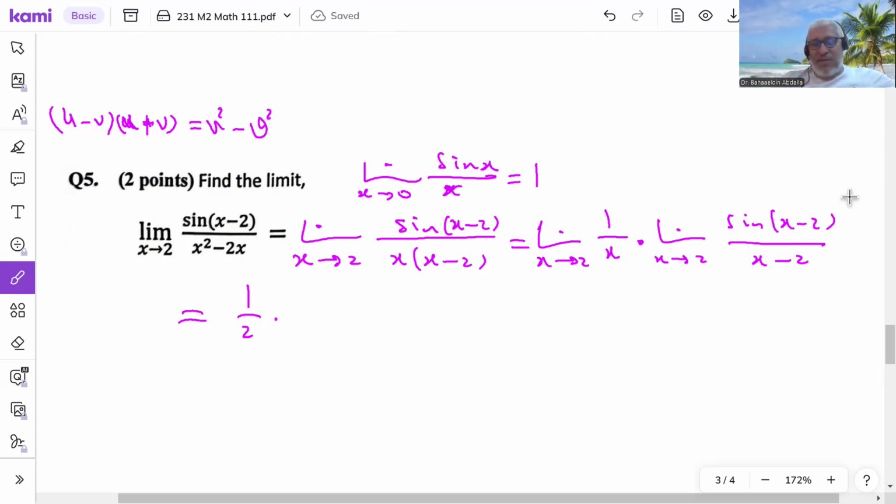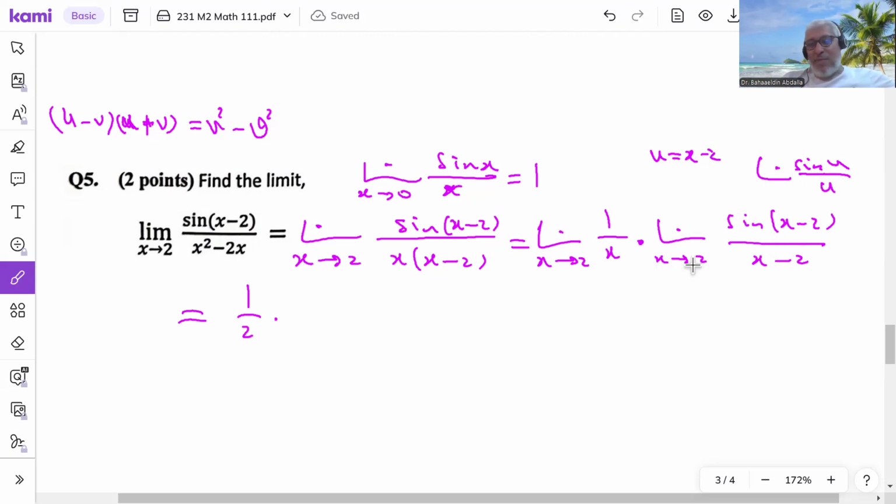So in fact, this formula is exactly this formula. If you call x minus 2 u, then this limit would be the limit of sine u over u, because x minus 2, I called it u.